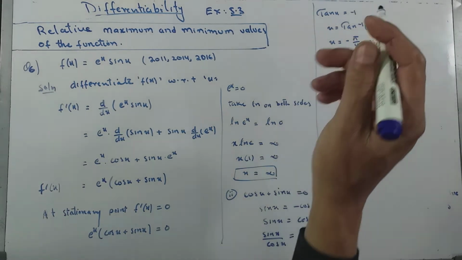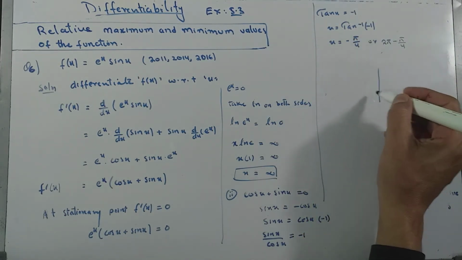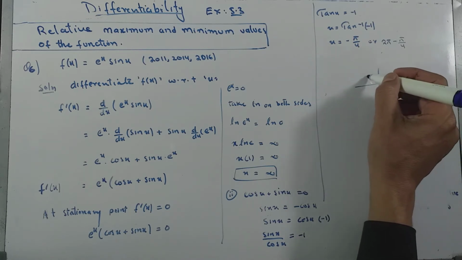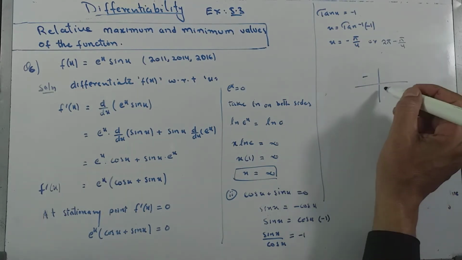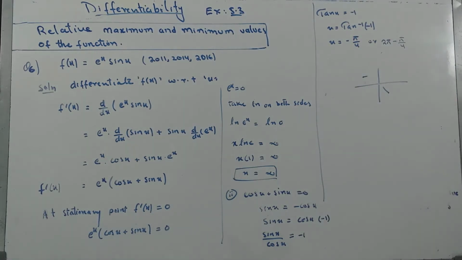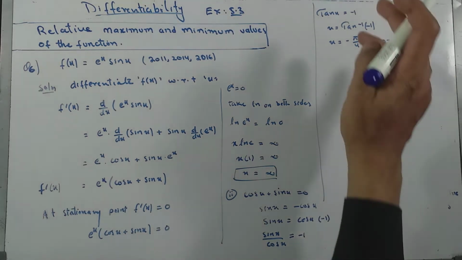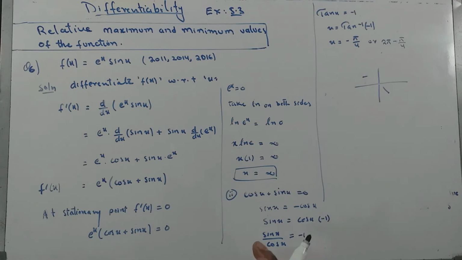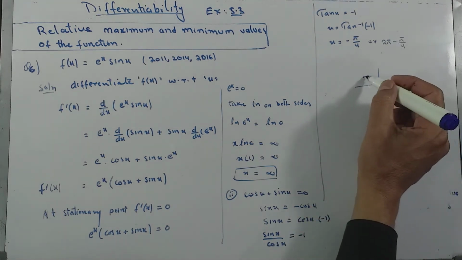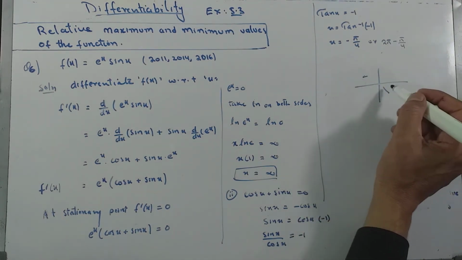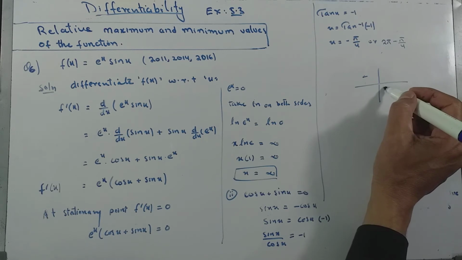Tangent is negative in two quadrants. In the second quadrant it has a negative value, and in the fourth quadrant it has a negative value. So we will have two values for tan inverse minus 1. One in the second quadrant is 45 degrees and the second is 45 degrees in the fourth quadrant.